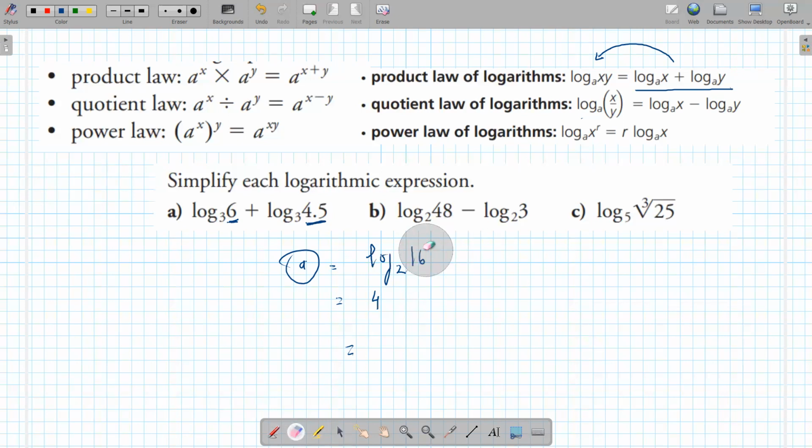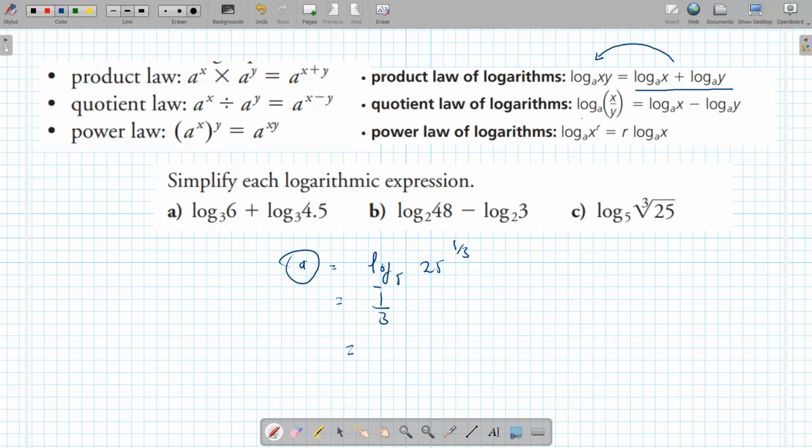C is slightly trickier, but it's going to be a 2-step answer. I don't like radicals. We're going to rewrite this as an exponent. So this becomes log base 5 of 25 to the power of what? 1 over 3. And now using the third rule, you're allowed to bring the 1 over 3 in the front.